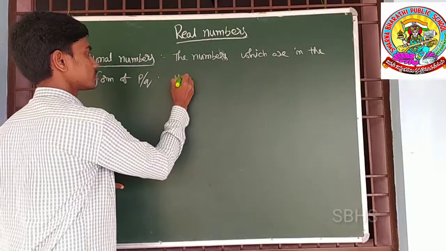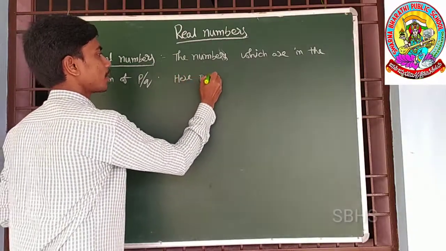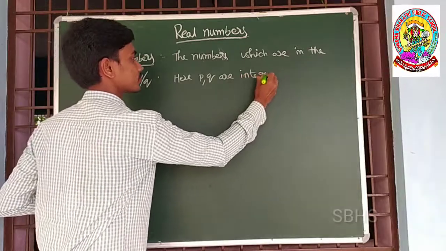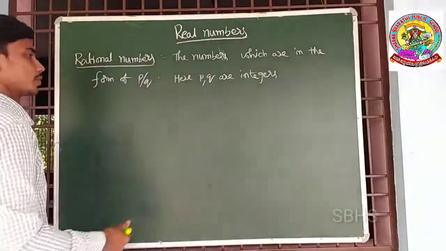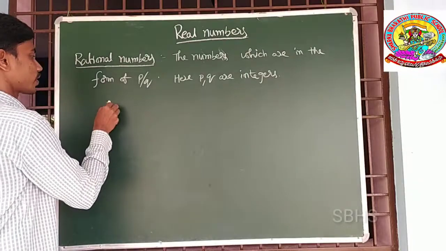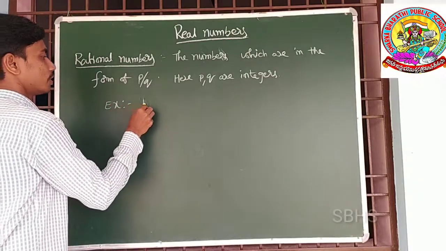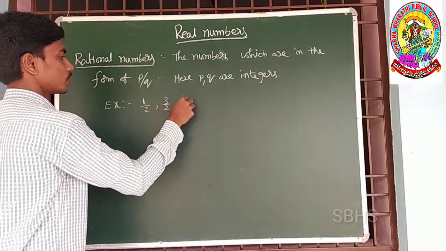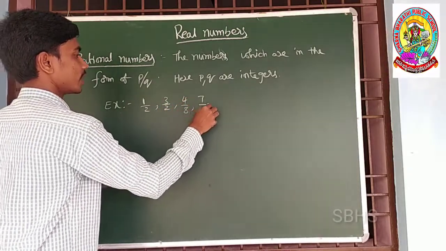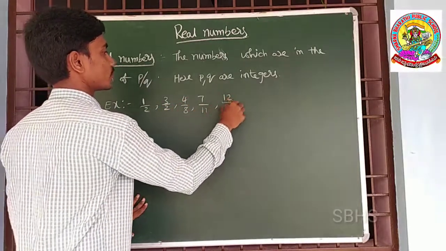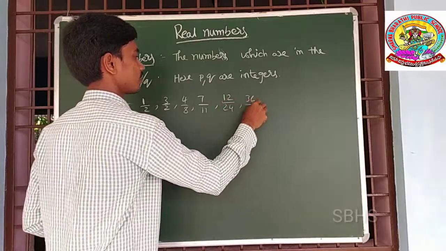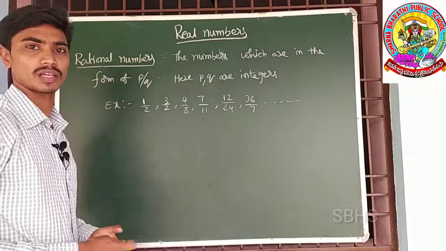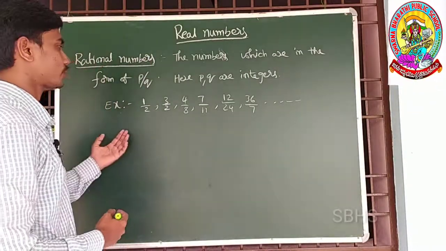Here p, q are integers. Examples for rational numbers are 1 by 2, 3 by 2, 4 by 8, 7 by 11, 12 by 24, 36 by 7, whatever the fraction may be. Simply, rational numbers are also called fractional numbers or fractions.